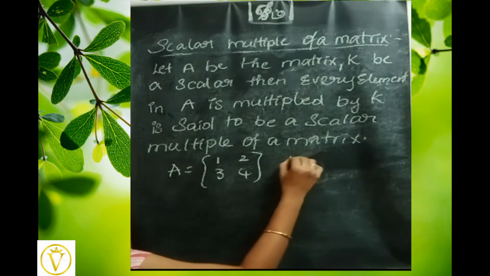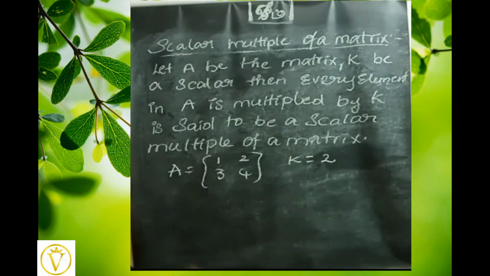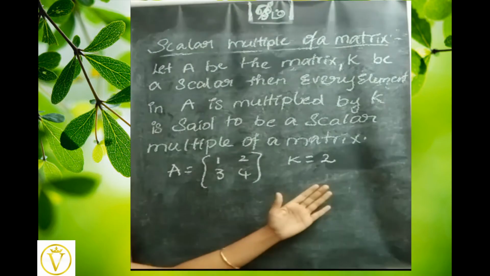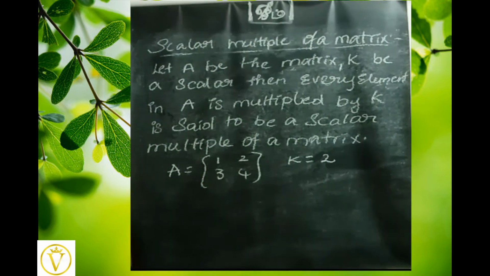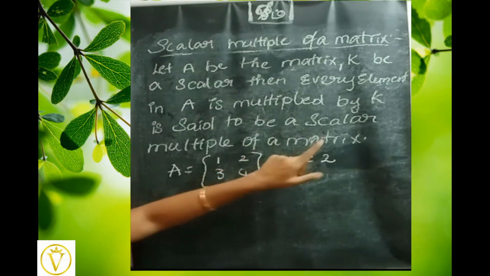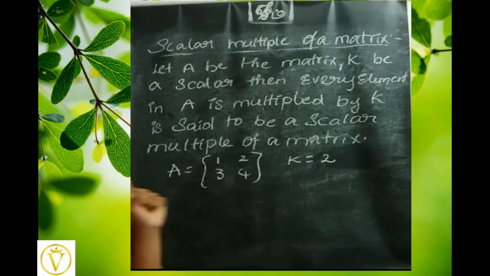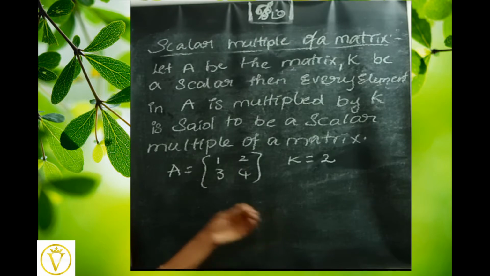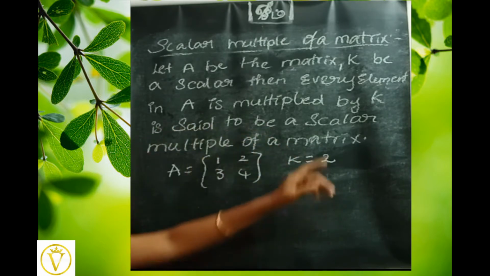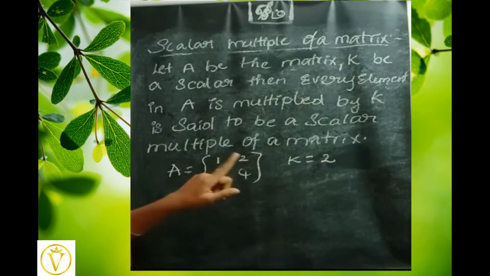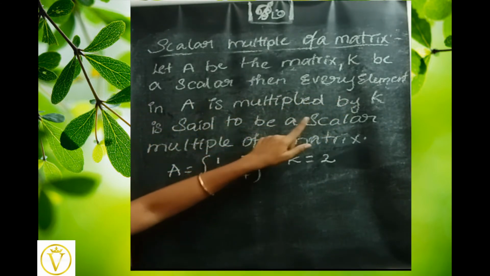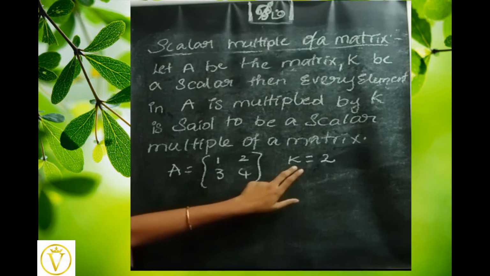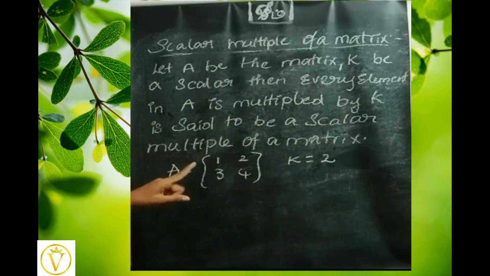A scalar is a number, whatever number you take: 0, 1, 2, 3 and so on up to infinity. Take any number of your wish, and that number is represented as K. Every element in A is multiplied by K, and this is said to be a scalar multiple of the matrix.